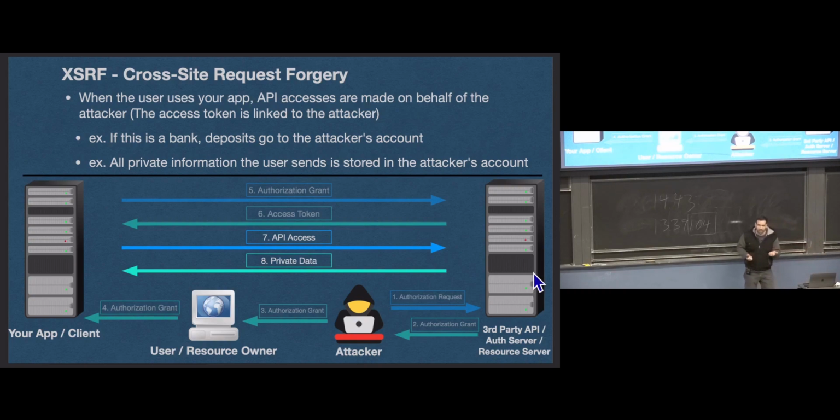They go to their app, and they can see all of the victims' private data that they're sending to that third-party API through our app. So very bad situation, but very clever for the attacker to get their legit credentials uploaded under that user's account. Very scary, very fancy attack.